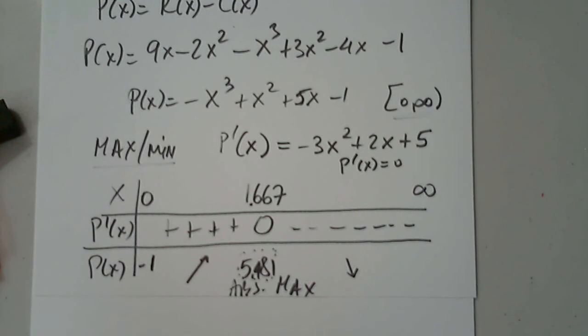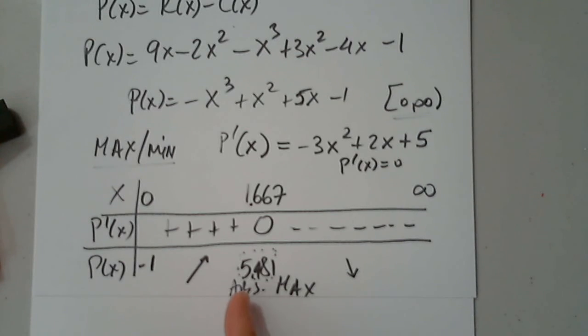So if I plug in, for example, 2,000, you will see the profit will be lower than this. If I plug in a number to the left of 1.667, like 1,000, it will still be smaller than 5.4815.